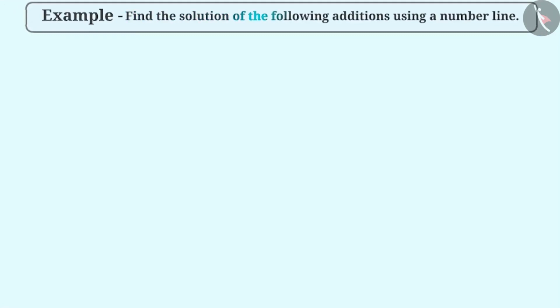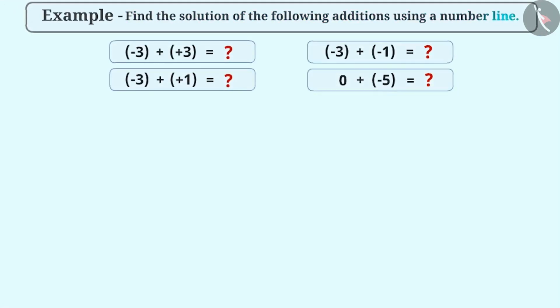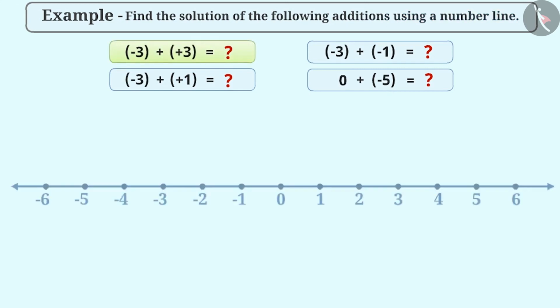Next example. Find the solution of the following additions using a number line. For addition of minus 3 and plus 3, draw a number line of integers. The first integer is minus 3. Here, the negative sign shows we need to move to the left from 0, and the number shows the number of steps to be moved.